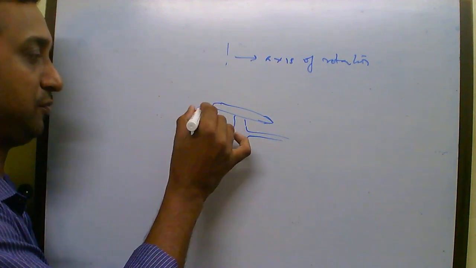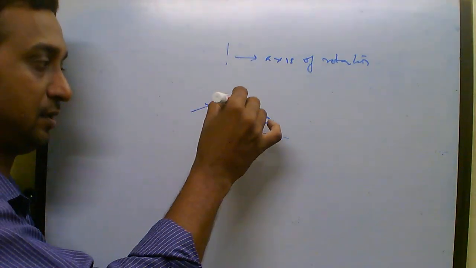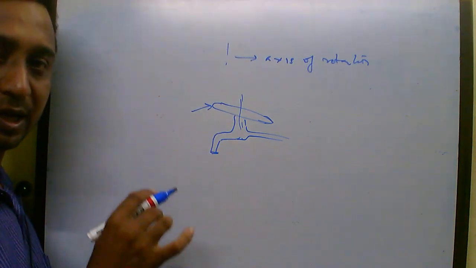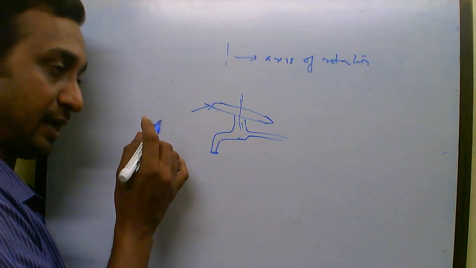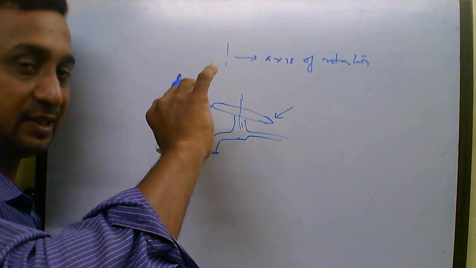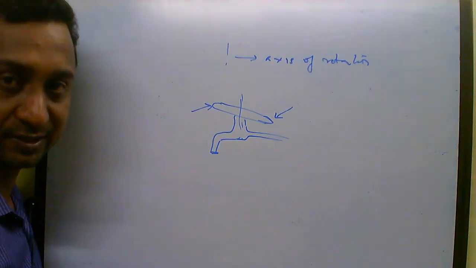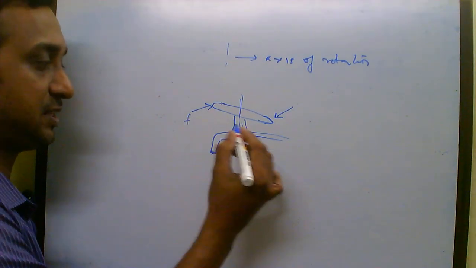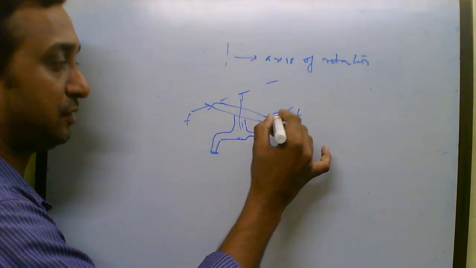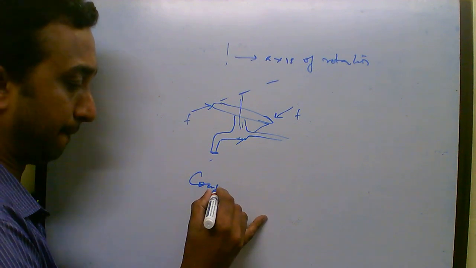I can apply a force at this end and try to turn it. This is the axis of rotation, so it will turn about it, and I can open it. Or I can exert an equal force from the other side also, so that the turning effect is increased. So I am applying a force from this end and a force from the other end, acting along different lines of action, and this is what I mean by couple.